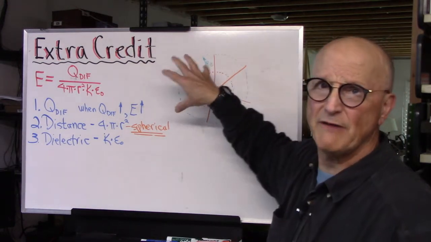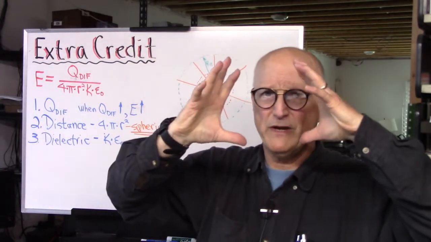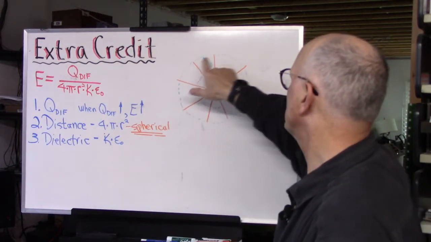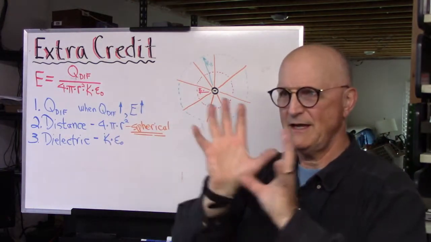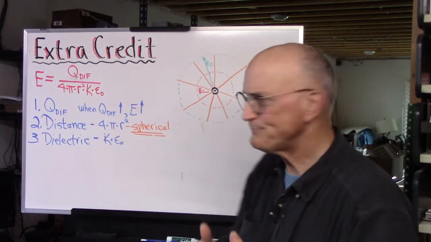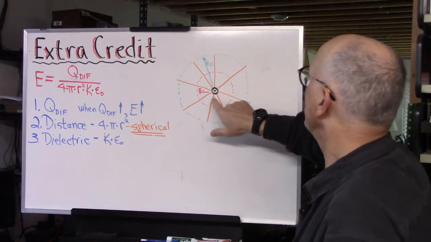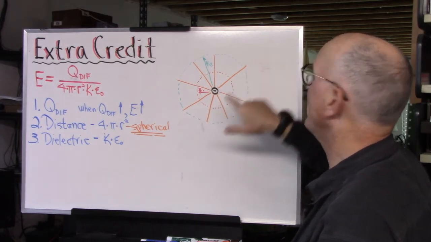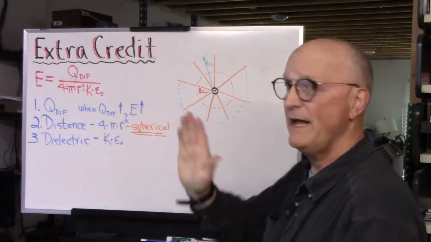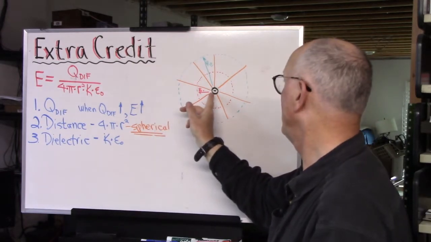Now, you remember, you have to think of this in 3 dimensions. So this is actually kind of like a slice. So you're seeing the slice of a sphere. But what happens? Here are the electric field lines going out, and they always exit at right angles to the charge.